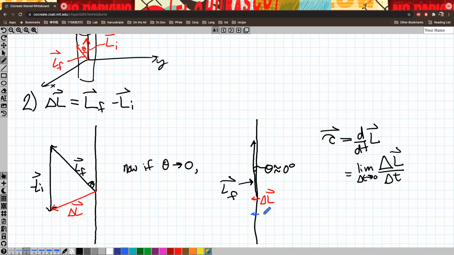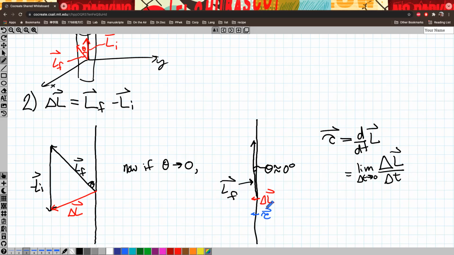They're in the same direction? Well, I mean, it makes sense because torque directly relates to momentum.